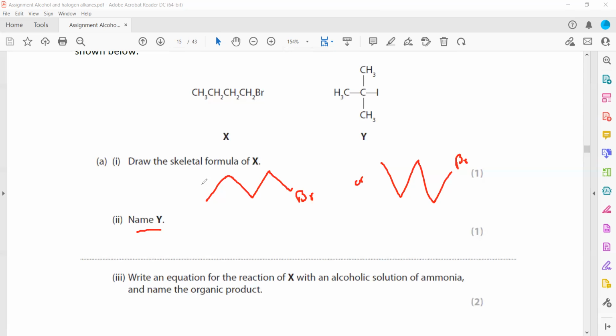Then we have to name Y. How to name this? First, we select the longest carbon chain. So 1, 2, 3, 1, 2, 3. Maximum 3 are there. We can select any, like I can select vertical like this, or I can start from the left-hand side like this.